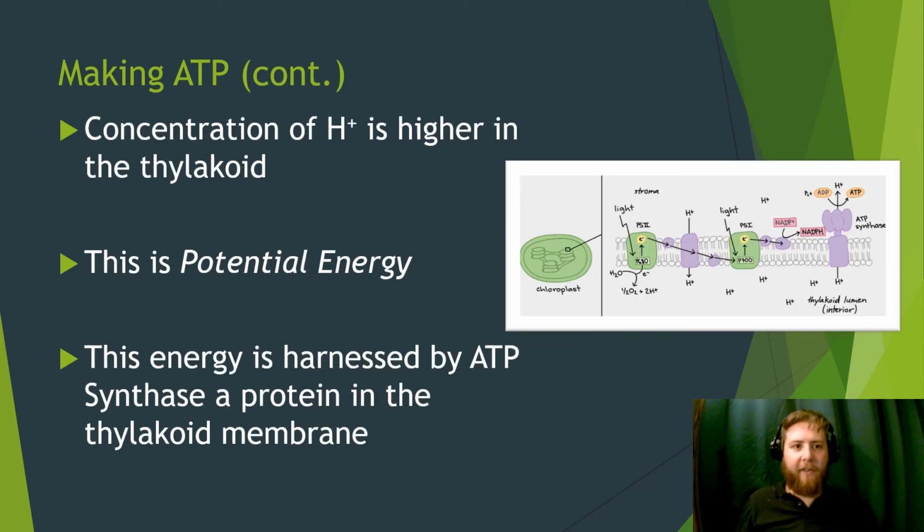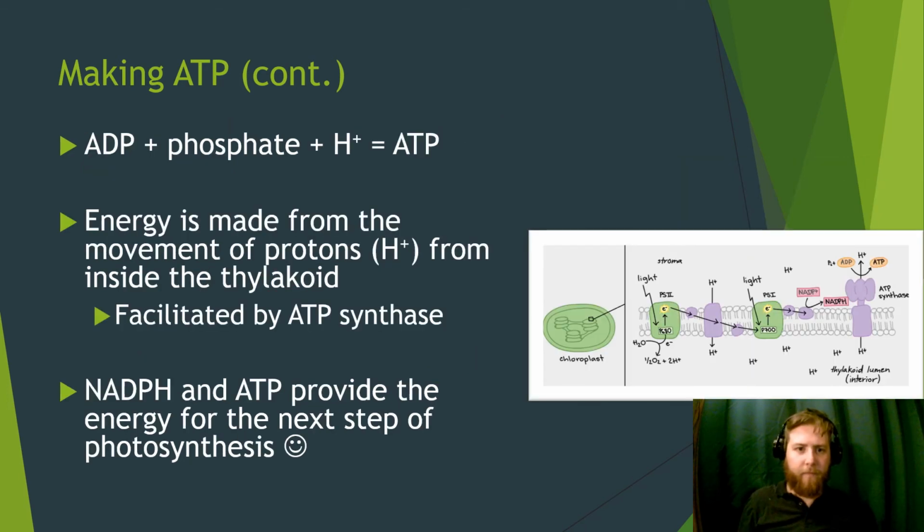Since this concentration is higher, we now have potential energy where these hydrogens want to go out of the cell. This molecule, ATP synthase, will take these hydrogens and send them through this kind of pump, and what happens is that ADP is meshed together with a phosphate to become ATP. So we're using this hydrogen gradient to create energy.